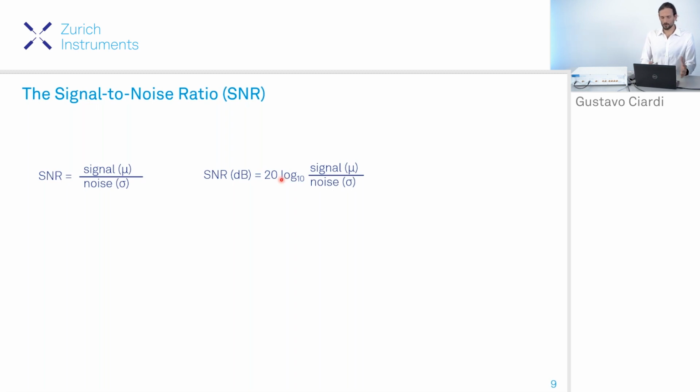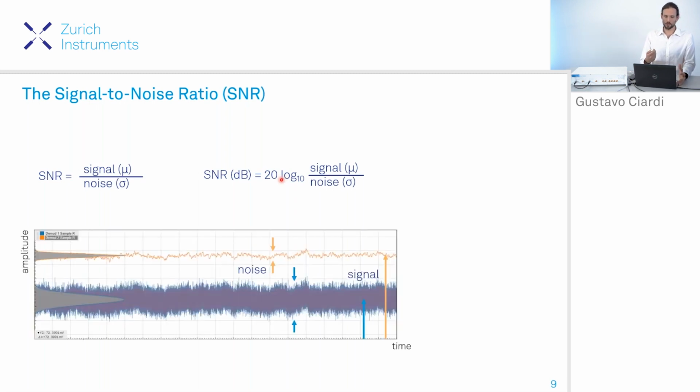What the signal-to-noise ratio is can be qualitatively understood by looking at how spread out the results of a measurement are around its average value. We can see here two different curves, orange and blue. For the orange curve, each data point is not that spread out with respect to the average of the signal, while for the blue curve this effect is much more visible.